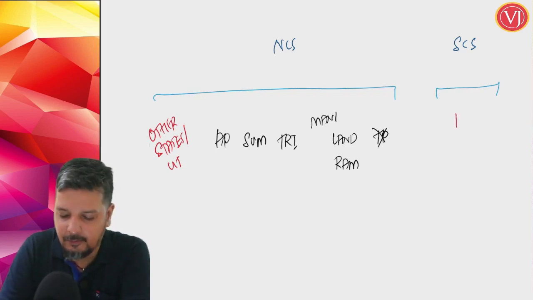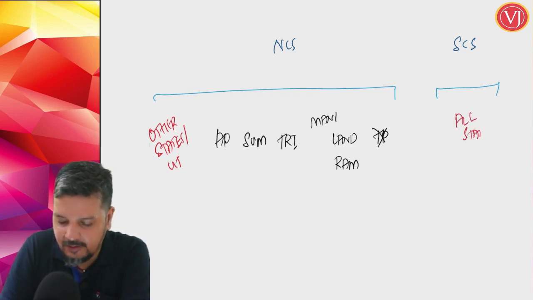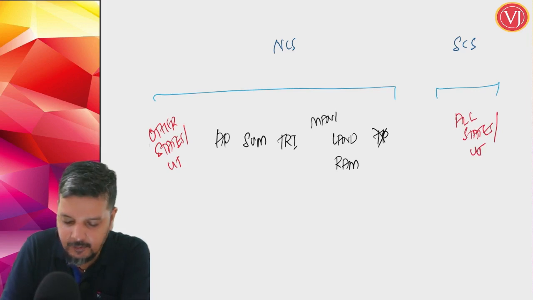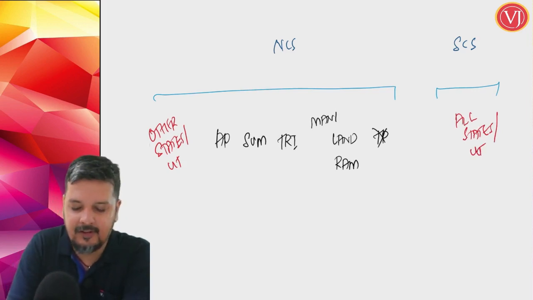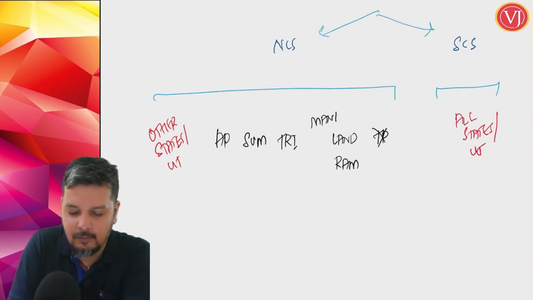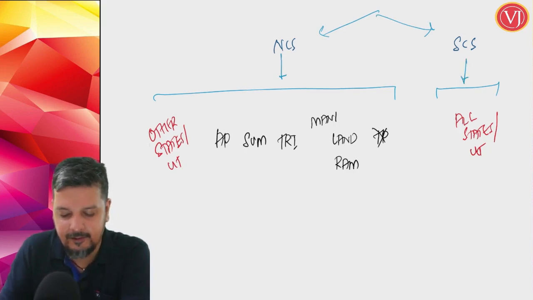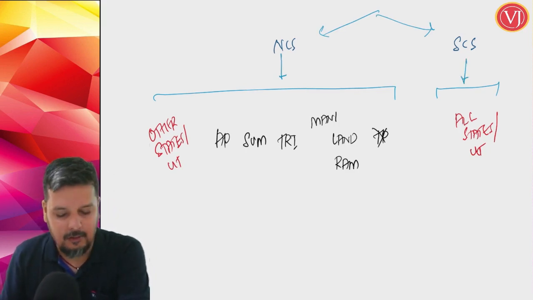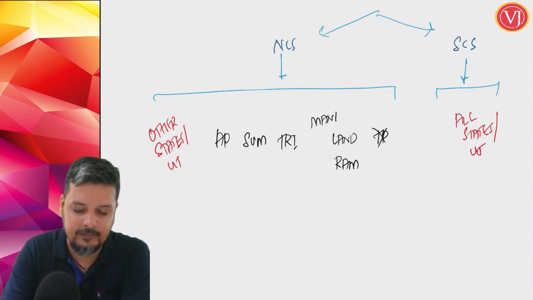For special composition scheme, that is for special states and union territories. So, composition scheme is split into two parts, normal and special. Now, when you talk about your normal composition scheme, if you're working in special states, what are the special states now?